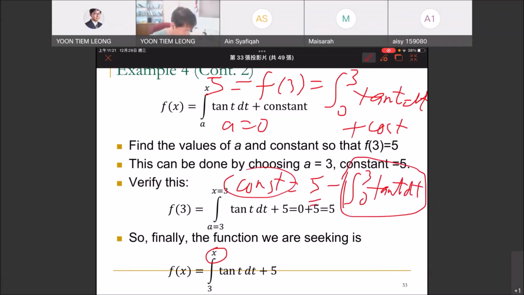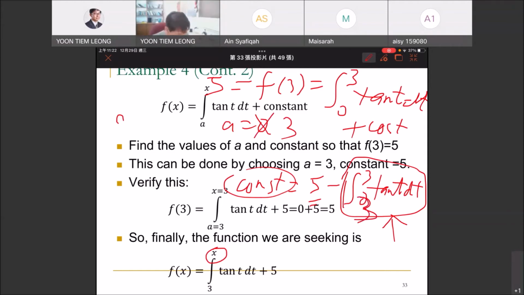That means in order to get the constant correct, I have to perform this integration, which will run me into trouble. However, if I'm a little bit smarter in the beginning, instead of choosing a to be 0, but choose a to be 3, then my life will be much easier. If I choose a to be 3, which is allowed, then I'll integrate tangent t from 3 to 3, right?